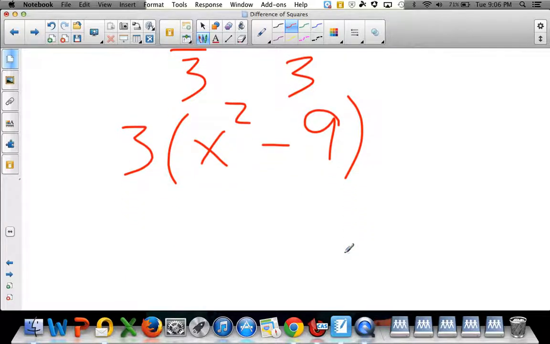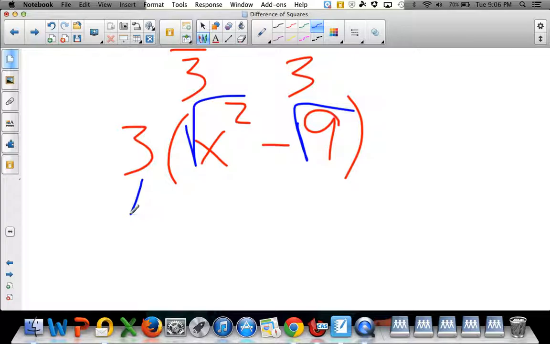Now, ignoring the 3 on the outside, I have a difference of squares on the inside. I can take the square root of x squared and the square root of 9 and factor by difference of squares, keeping my 3 also on the outside.